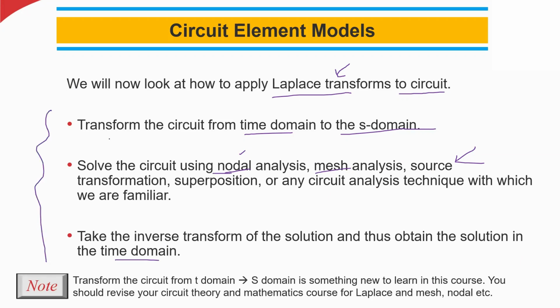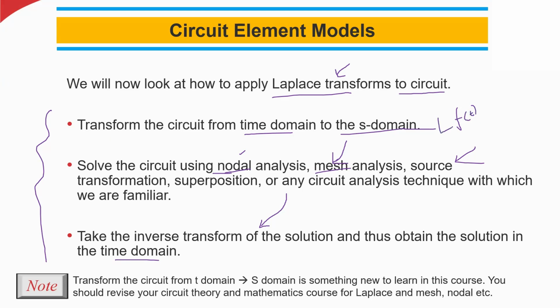So these are the steps. First you are transforming the circuit from the time domain into the s domain. After you convert into the s domain, you do some kind of analysis using network theory. After you perform the analysis and find the formulas, you make the inverse Laplace transform and bring the signal back to the time domain. For example, this is the output function f of t.